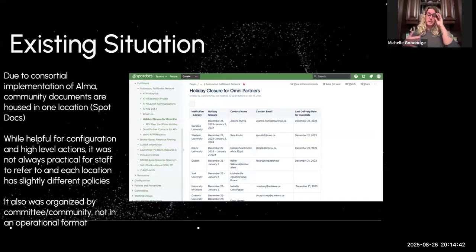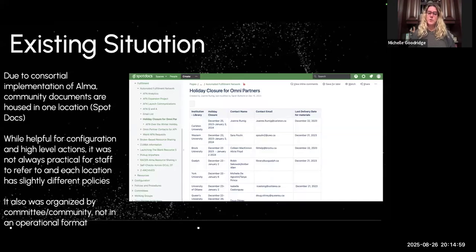Because of our consortial environment, we also had something called spot docs, where people in the ALMA community shared community documents and information. This was super helpful when we did configuration. It's good to know when people are closed.